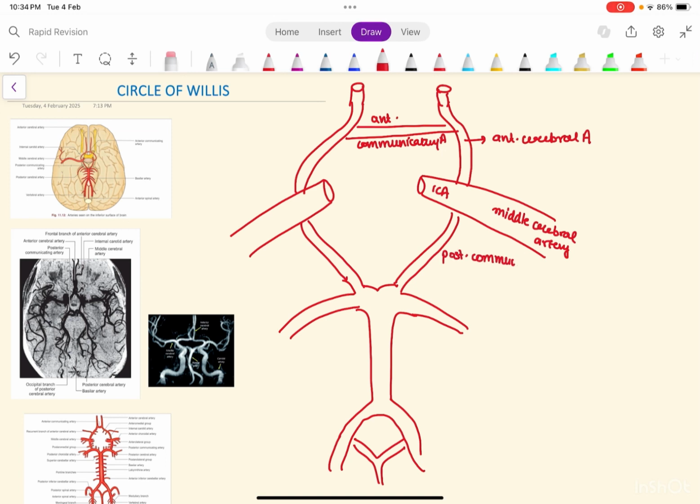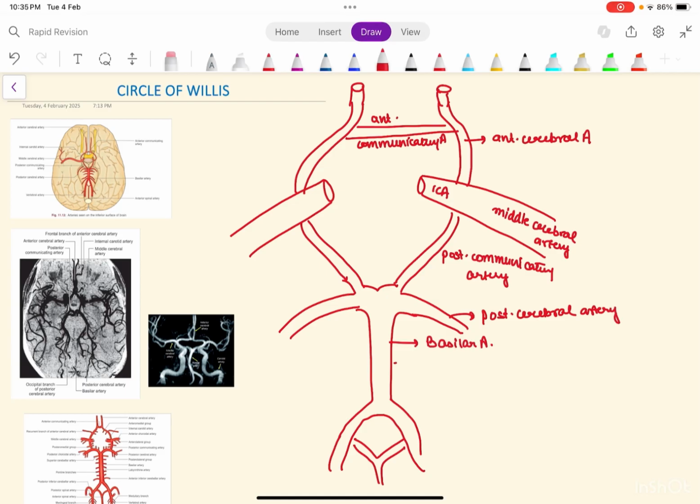So here we have the posterior communicating artery. Then here, where we had anterior and middle, now we have the posterior cerebral artery.